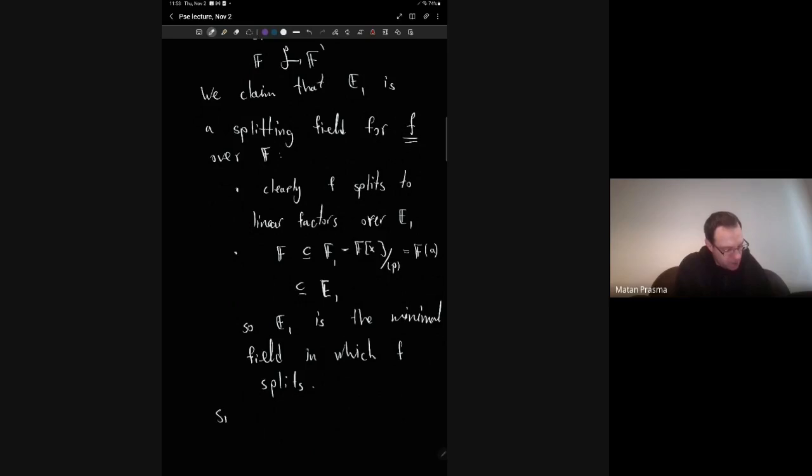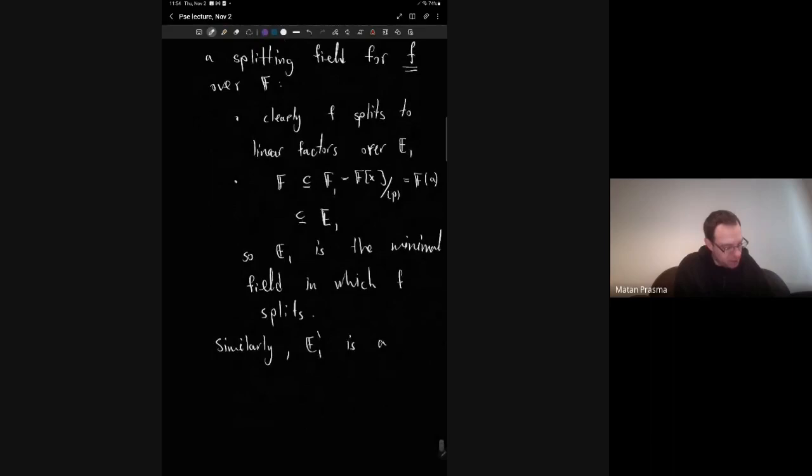Similarly, E1 prime is a splitting field of f prime over big F prime.